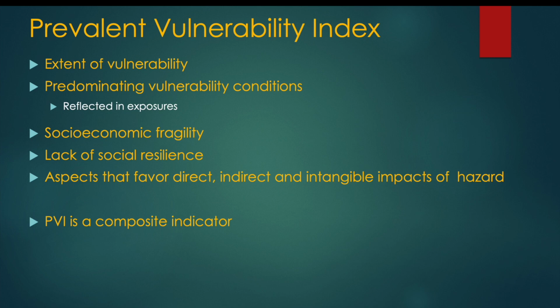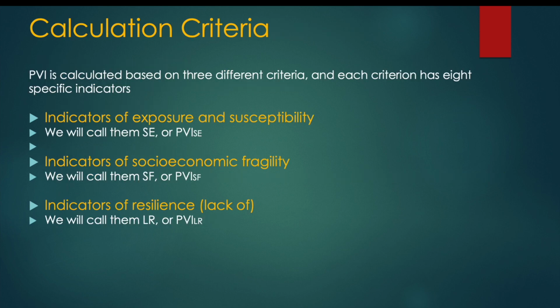So here the PVI or Prevalent Vulnerability Index captures the multi-dimensional features of the vulnerability conditions. So here PVI is calculated based on 3 different criteria, and each criterion has 8 specific indicators.